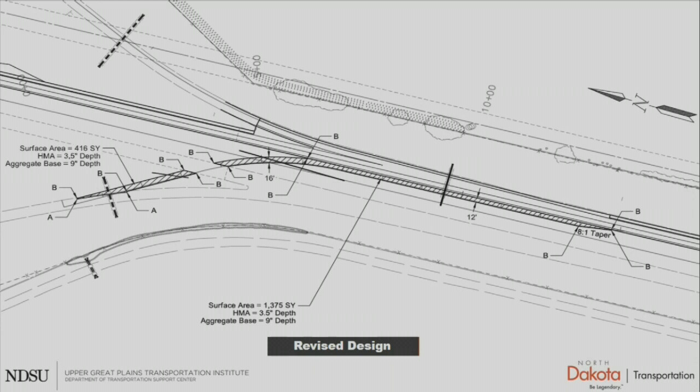But in cases where we would use aggregate, the ramp taper and the acceleration lane, that area, would actually remain paved all the way to about 150 feet back onto the ramp, while the rest of it is aggregate. The reason for the 150 feet behind the acceleration or deceleration lane is just for maintenance purposes, so that we can try to keep the amount of maintenance required near higher volume or higher speed traffic to a minimum.